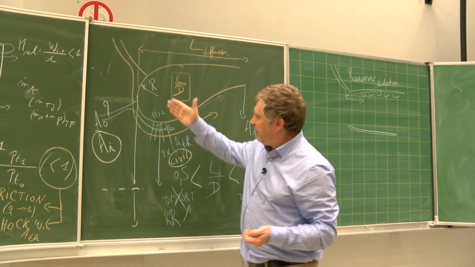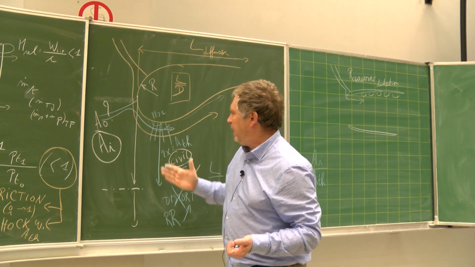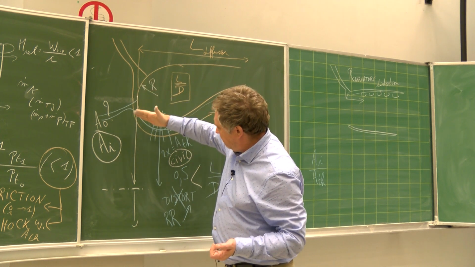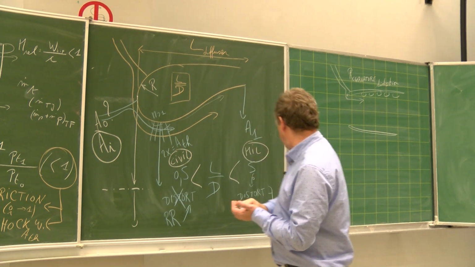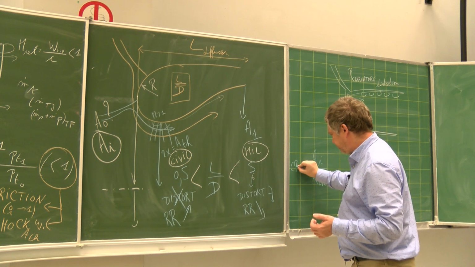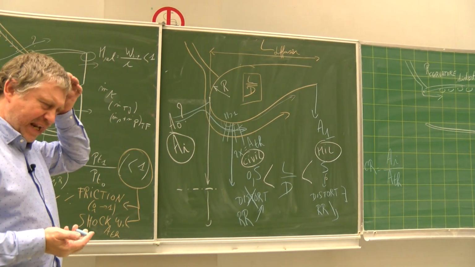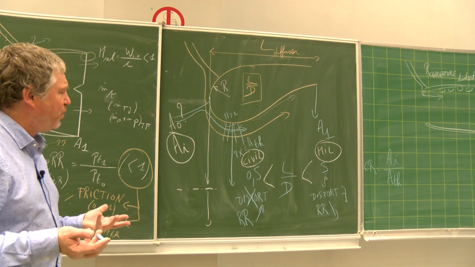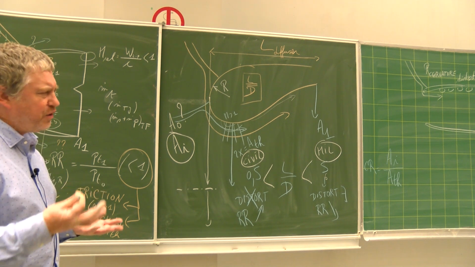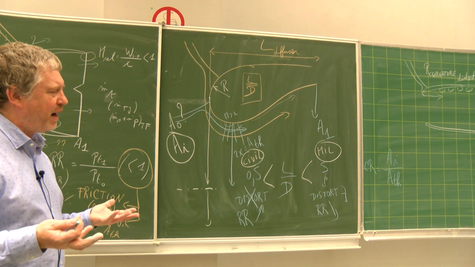So you see that you are changing the section of the flow, and you have AI larger than ATH, and the ratio between these two is what we call the CR, the contraction ratio, defined as a ratio of sections or ratio of diameters, but more of sections, because if you are non-symmetric, this is a ratio of sections and not a ratio of diameters, which is only valid when you are symmetric.